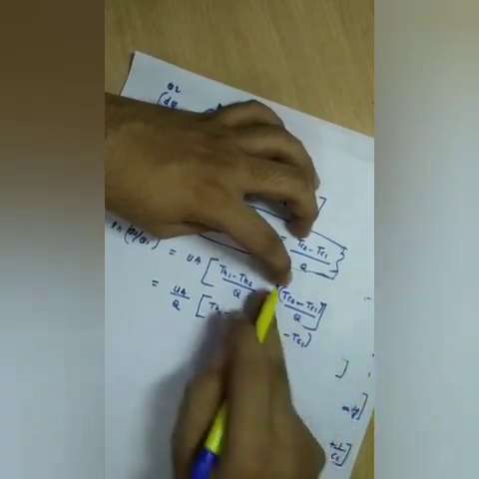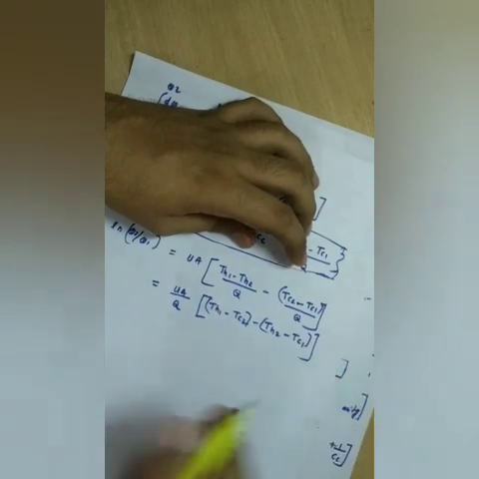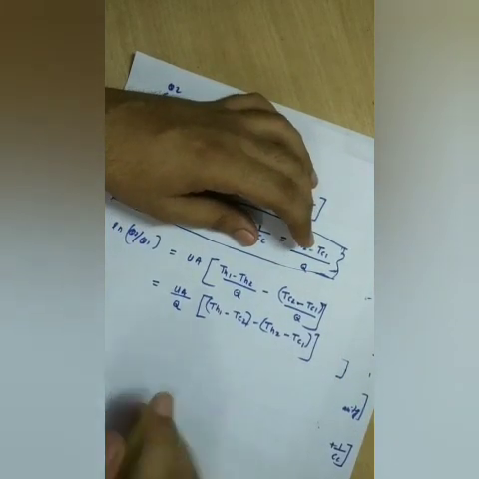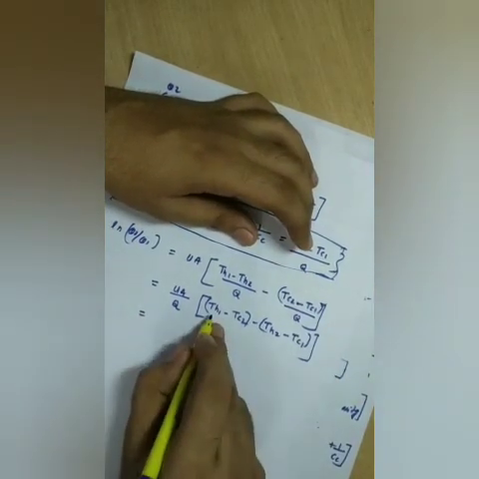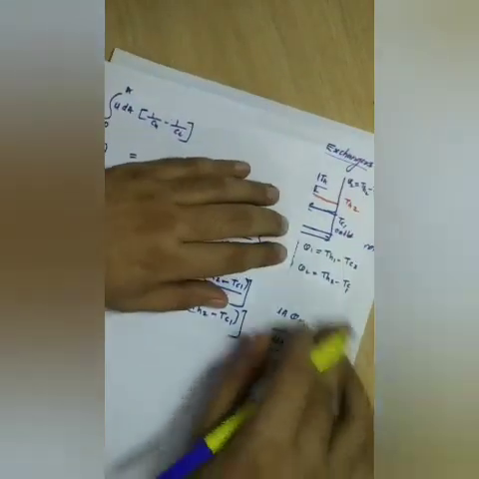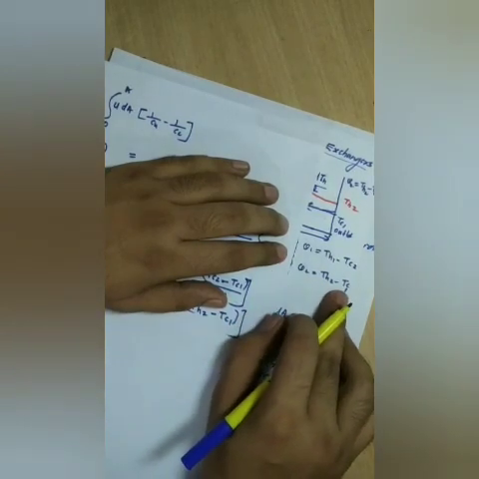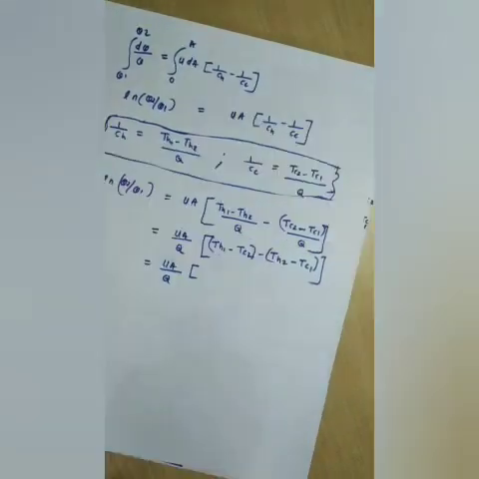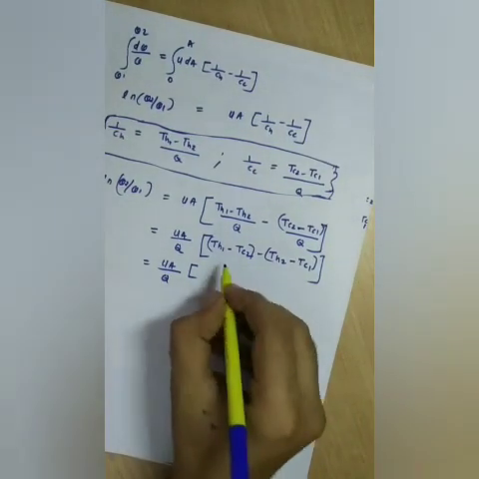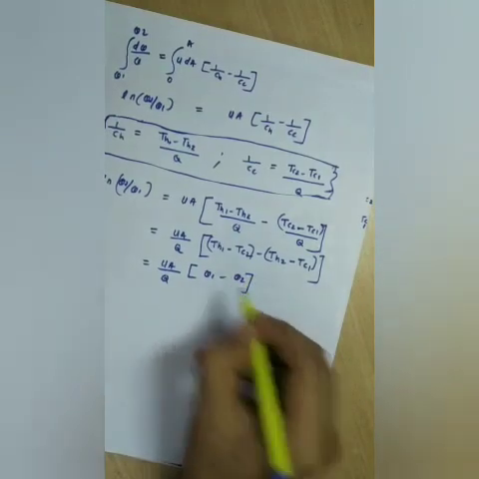So that is TC1 is positive side here. Okay, so I can do this arrangement, and now I know TH1 minus TC2 is theta 1, and TH2 minus TC1 is equal to theta 2. So I can write here UA by Q, theta 1 minus theta 2.